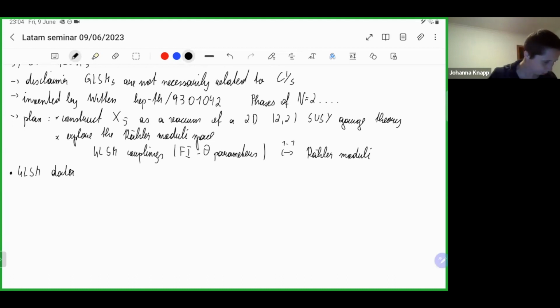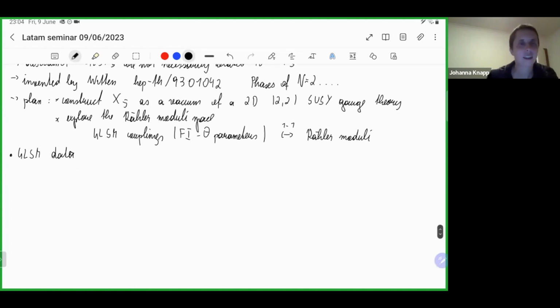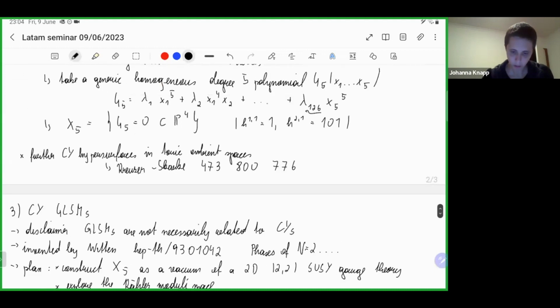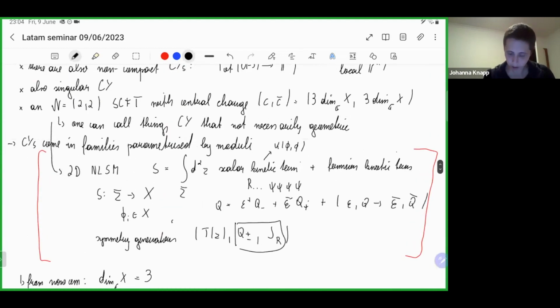So I already said that the GLSM will have a lot of fields, namely the scalars, the fermions, and the gauge fields, as I just sketched with the nonlinear sigma model. So if I scroll back to my little detour, in addition to scalars and fermions, we will also have gauge fields and their superpartners. And we will have different types of scalars, but morally it's the same thing.